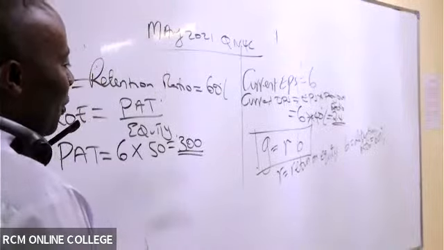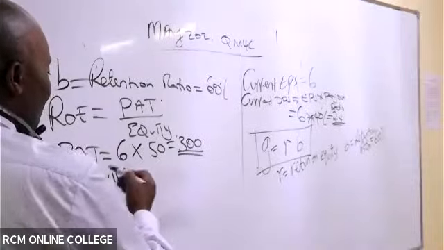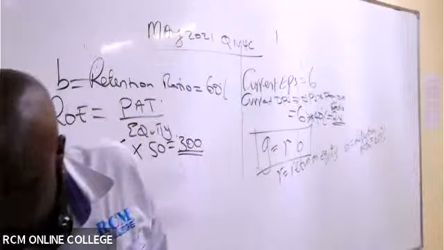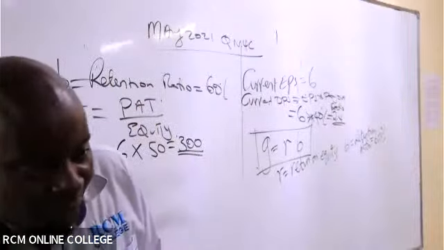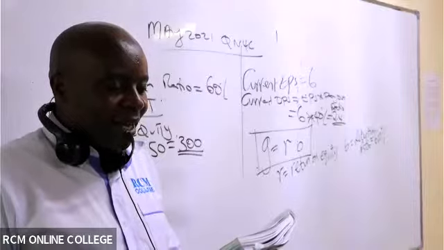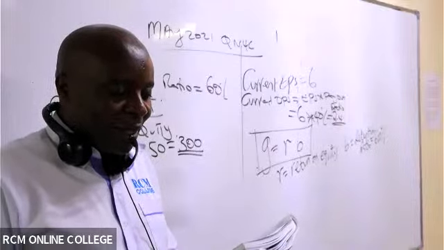And then what is the value of total equity? Anybody who is able to see the value of total equity? 1,500, isn't it? How did you get 1,500? You must be geniuses.